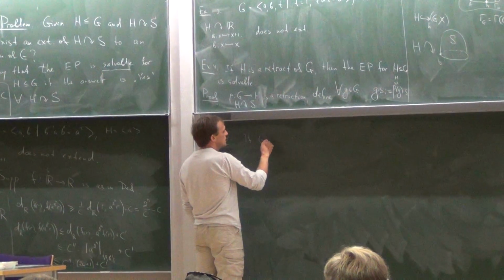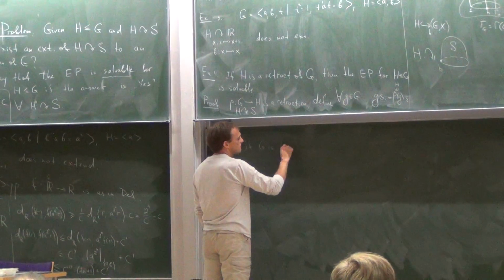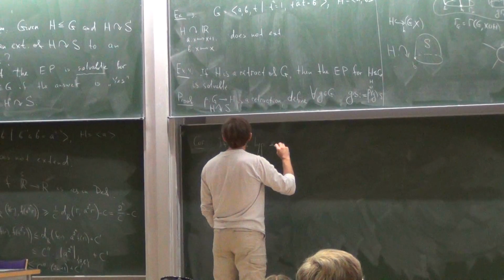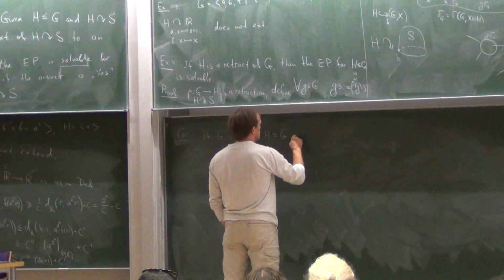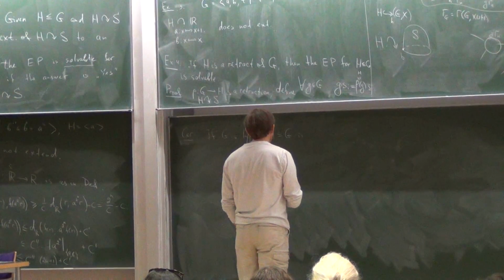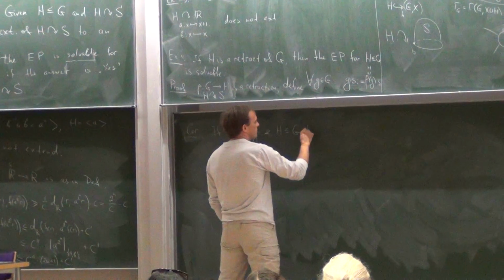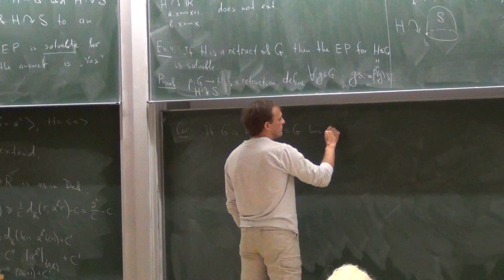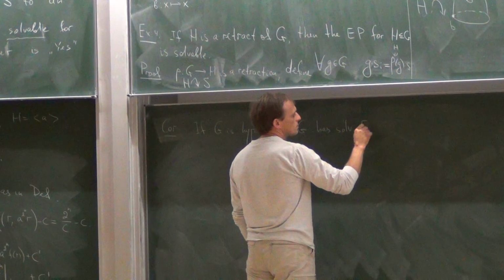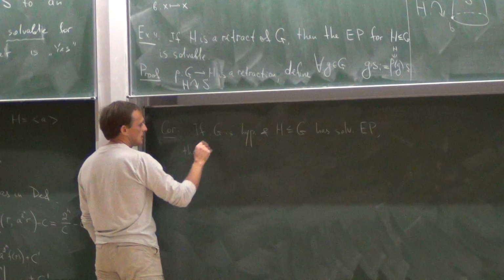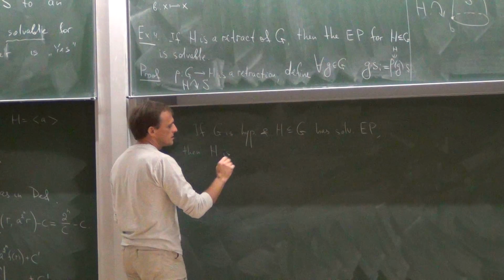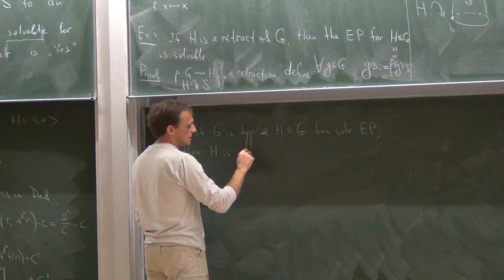If G is hyperbolic and H inside G has solvable extension problem, then H is quasi-convex.